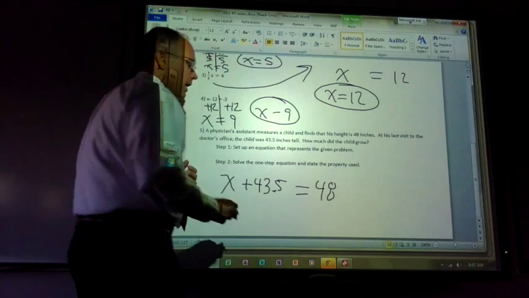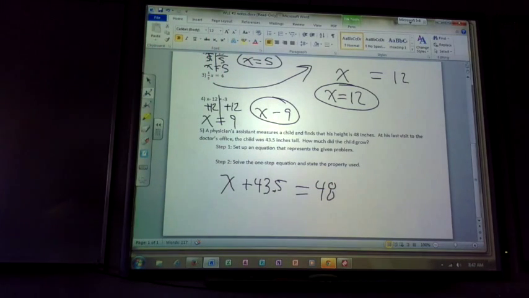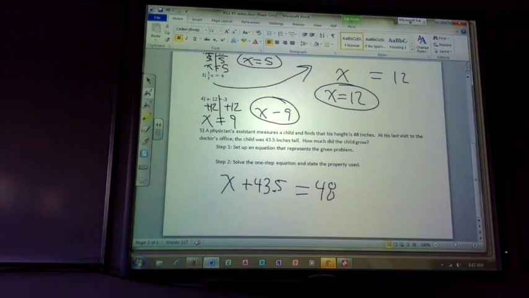So this child last year, 43.5 inches tall. This year came in 48 inches tall. Now, the math that takes place is pretty simple, but this would be the equation that would lead you to how to solve this child's height. So x, if I add some height to 43.5, that's going to allow me to get up to 48 inches.